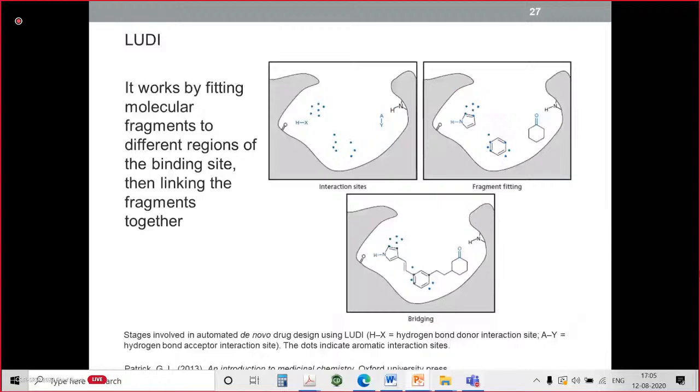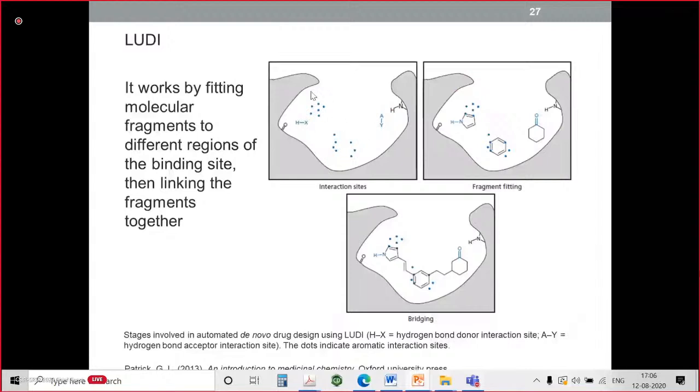It works on the basis of fitting fragments at different regions. You can see here, if this is the particular protein, it has different sites or regions in the binding pocket, and these are identified based on the possible hydrogen bond donor, acceptor, or hydrophobic areas.